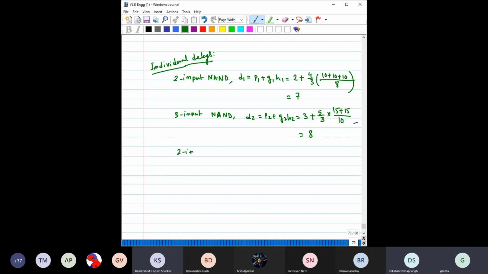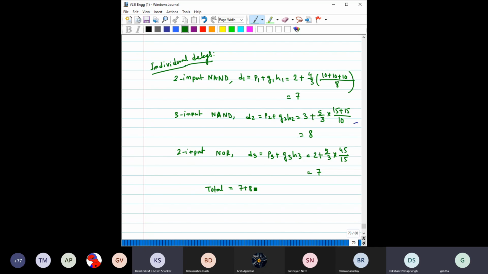Then for the 2 input NOR gate, we write it as D3 equal to P3 plus G3 H3. So this is equal to 2 plus 5 by 3 times H. Here the output load is 45, and the input is 15. So it should come to 7. Then what will be the total?